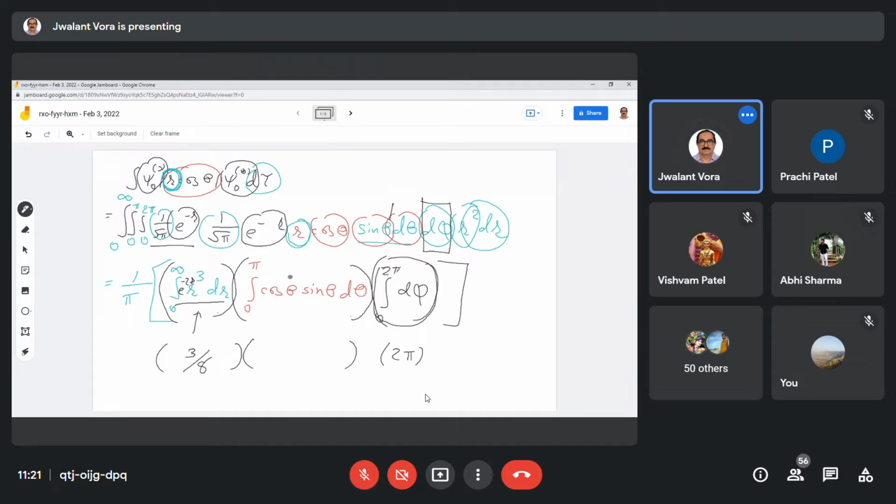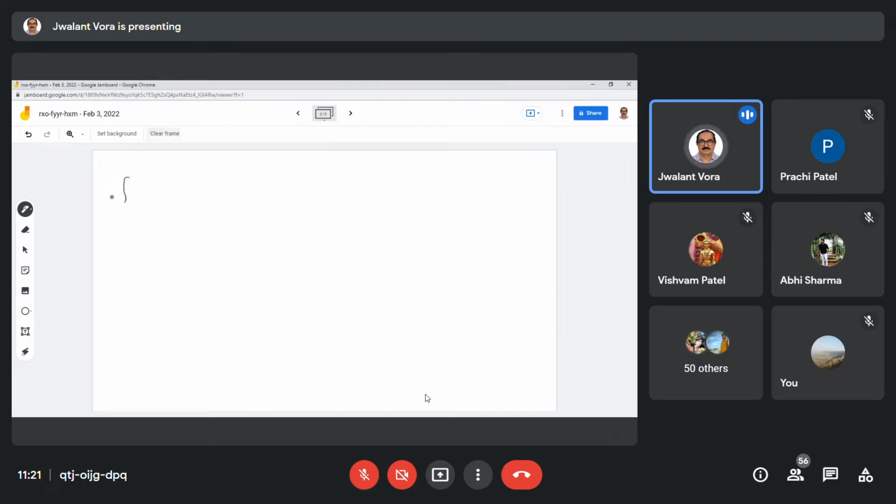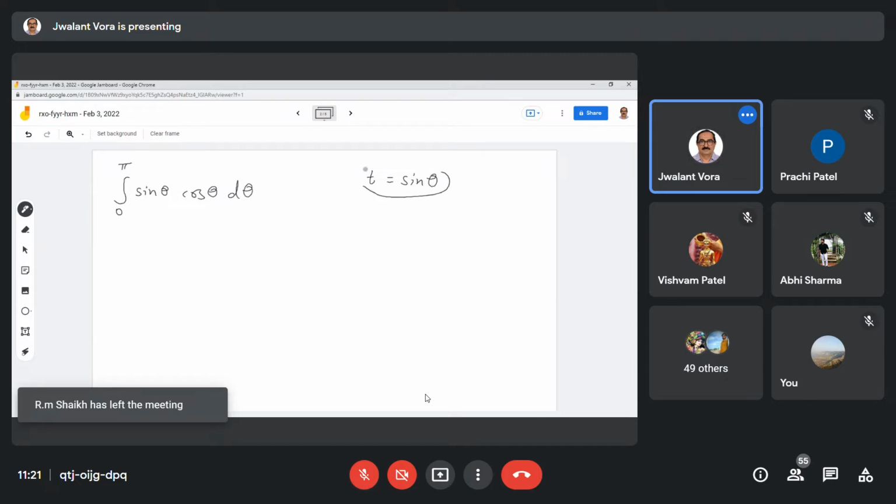Now this particular integration will come out to be equal to 0. Let us prove it. Integration 0 to pi sin theta cos theta d theta. Let us take t is equal to sin theta.